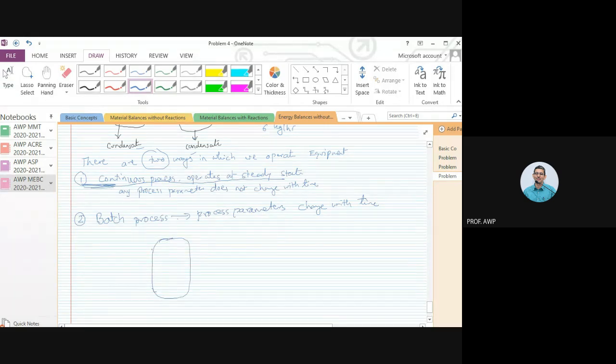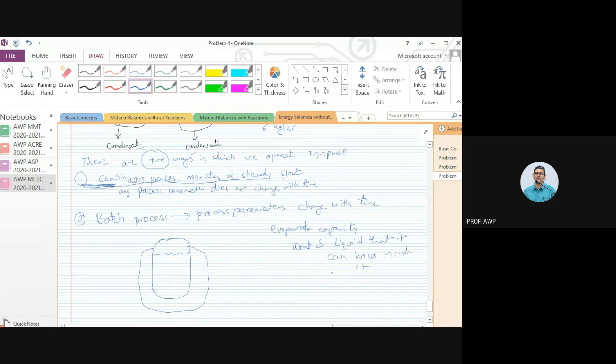Okay. Now, if it's a batch process, suppose this is your first evaporator. When I say evaporator capacity, what we mean is the amount of liquid that it can hold inside it.